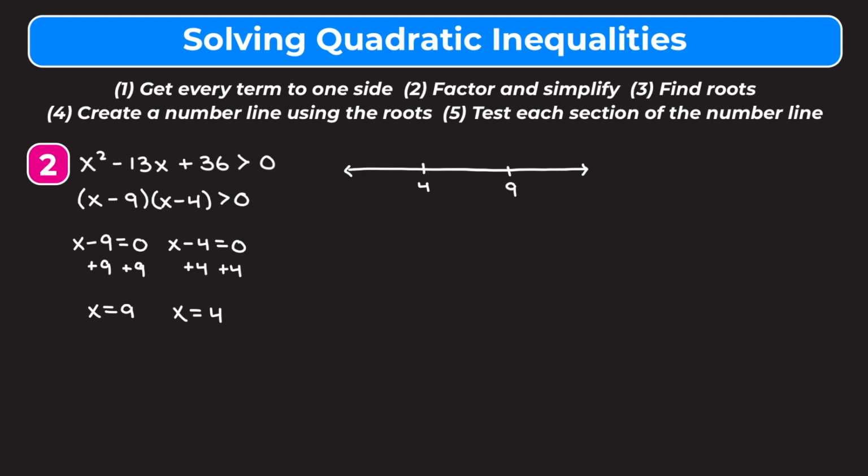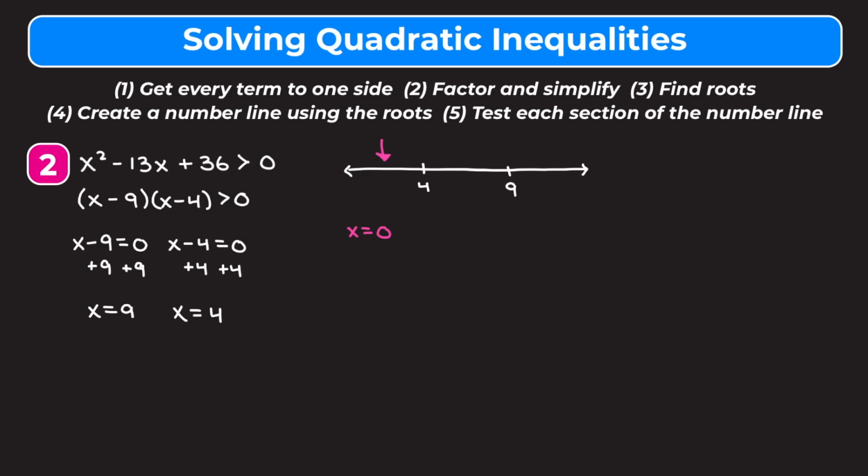And now we need to test each section of our number line to see if it works in our inequality. So I'm going to test this left section first. So I need something that is less than 4. So let's just test x is equal to 0 because that's an easy number to test. I always like to test 0.